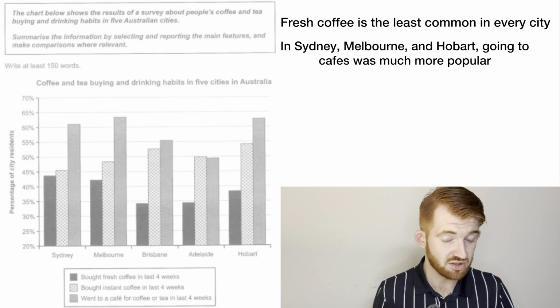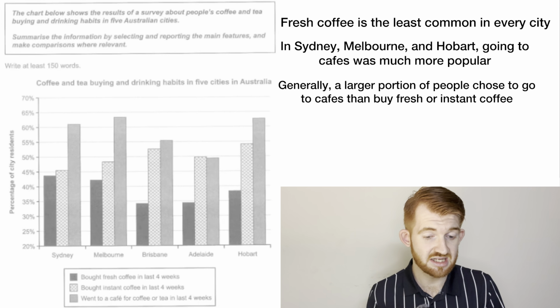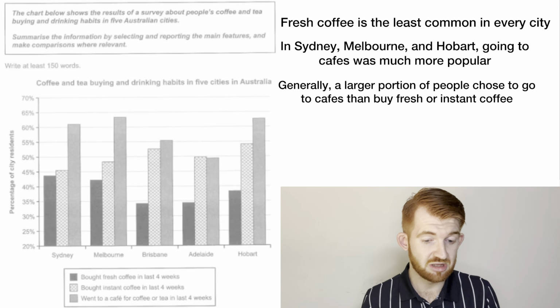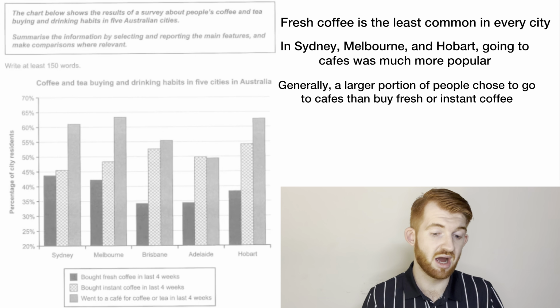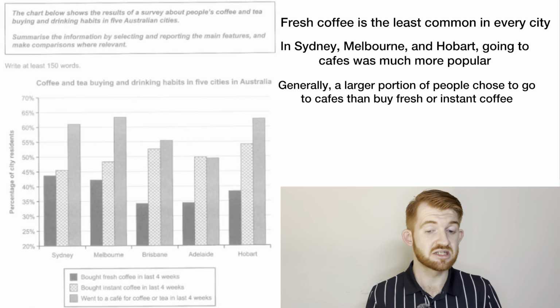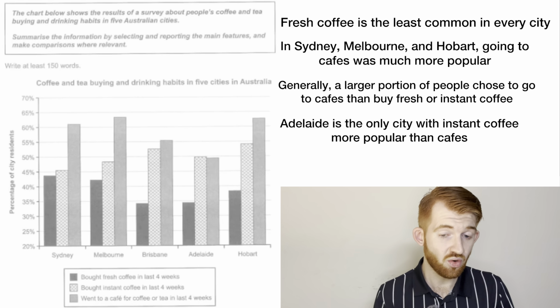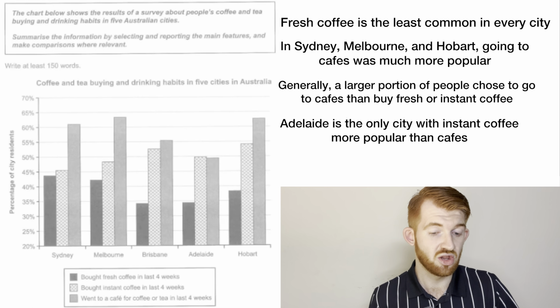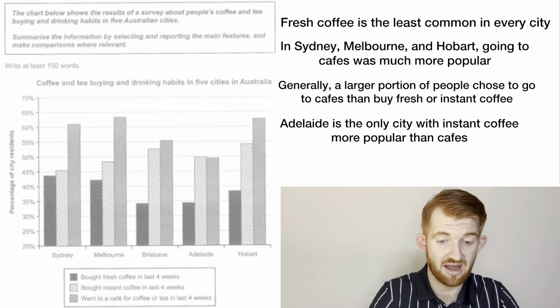We can also see similarly that in almost every city, the largest proportion of people chose cafes compared to buying fresh or instant coffee. However, there is one exception, which is that in Adelaide, it's the only city that a larger proportion of people chose to buy instant coffee than to go to a cafe.